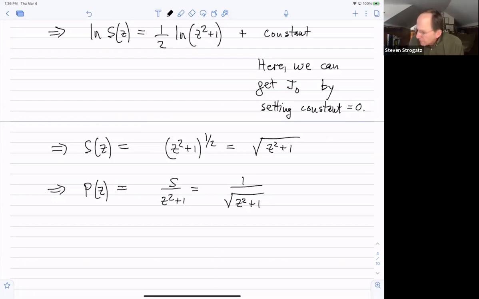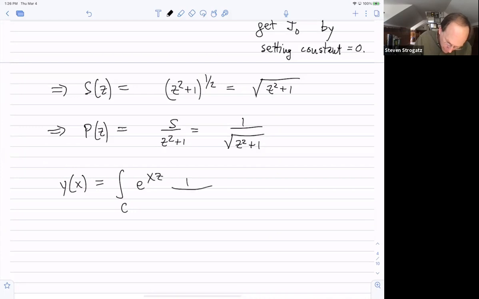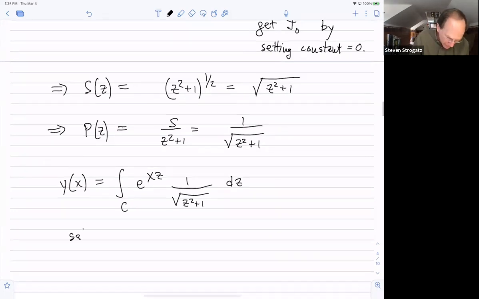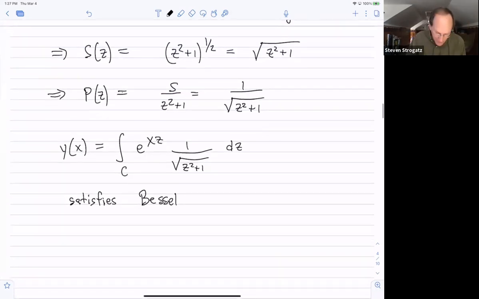Okay. And so where are we so far? So what we have is that this y of x is the integral over C of e to the xz, 1 over square root of z squared plus 1 dz. We know that this satisfies Bessel's equation. But remember, we had that earlier caveat.